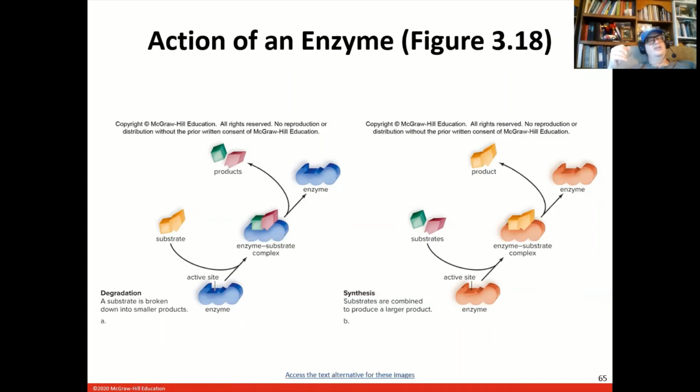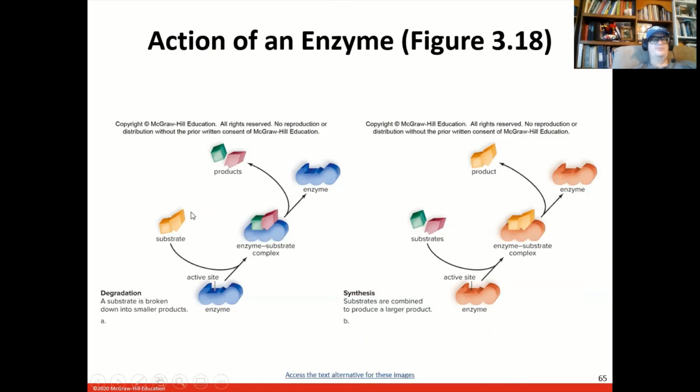But it's really unlikely because they probably come in at the wrong speed and bounce off each other, or in the wrong orientation, and one bounces off the other. An enzyme takes these substrates and brings them together at the right speed in the right orientation so they'll stick to each other. That's synthesis.